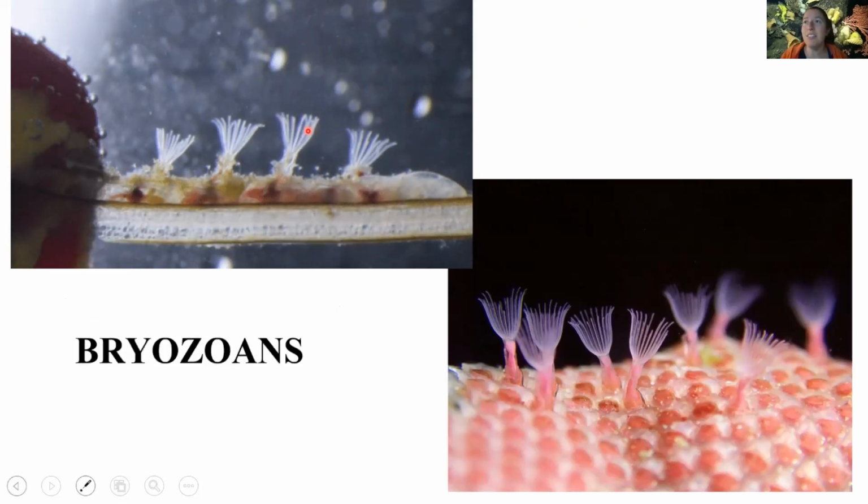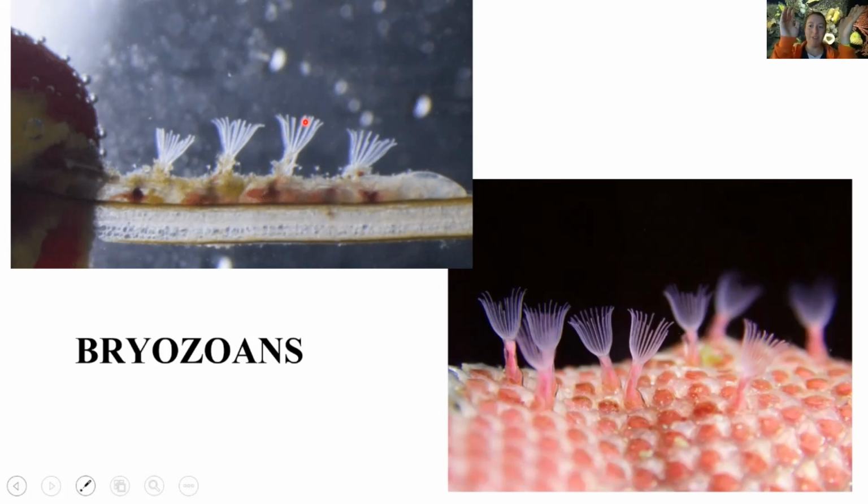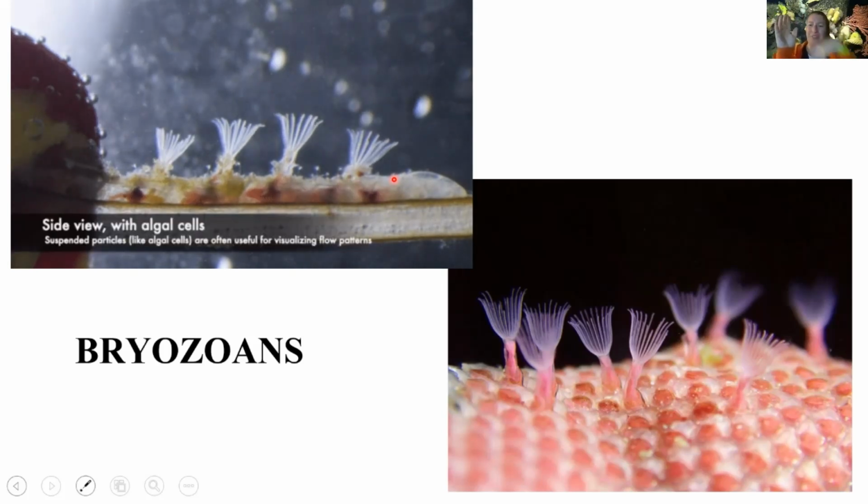Here you can see the little fingers or digits of those bryozoans being attracted to phytoplankton or algae cells in the water. Whenever they feel an algae cell touch one of those tentacles, they whack it toward the mouth, kind of like hungry hippos, where it just bats it.